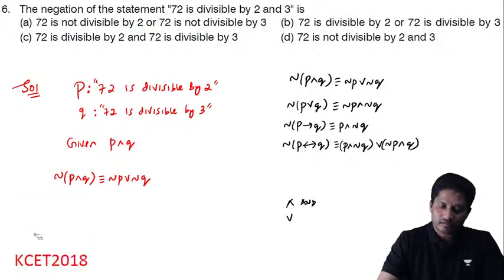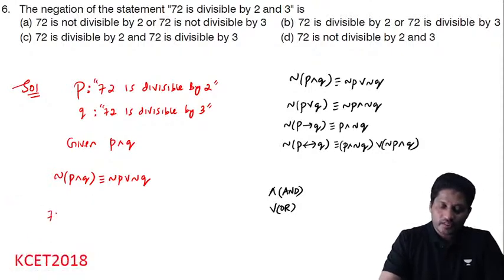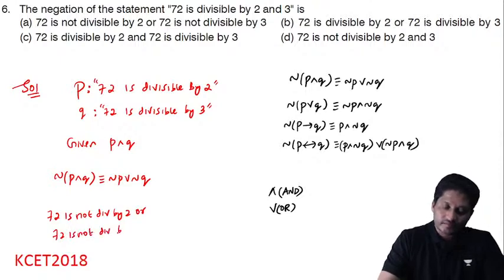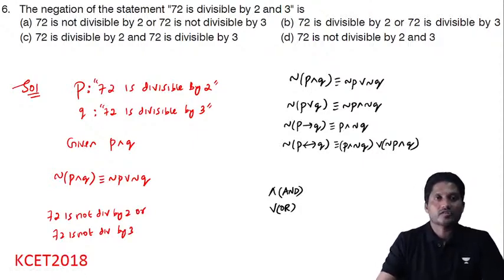So negation of this is 72 is not divisible by 2, disjunction is OR, 72 is not divisible by 3. Right, now answer is option E. Let's move to the next question.